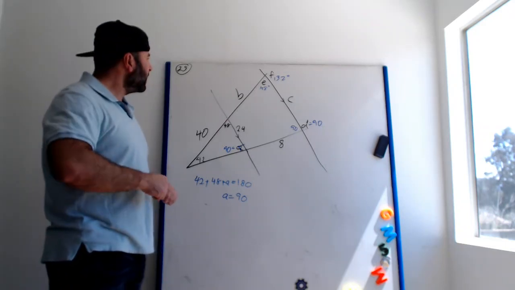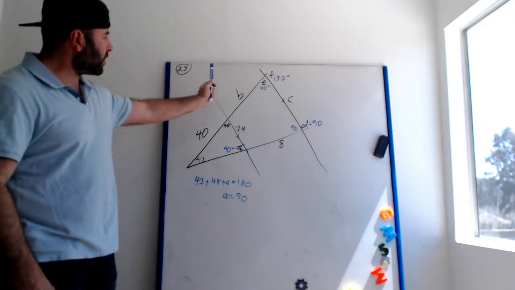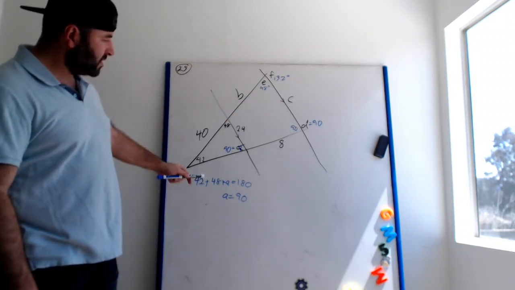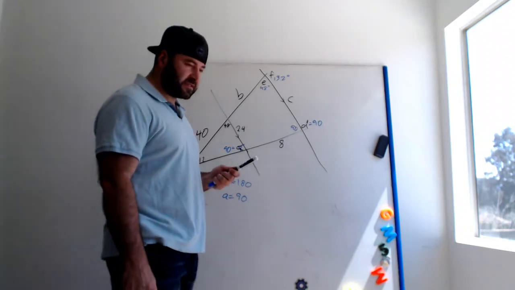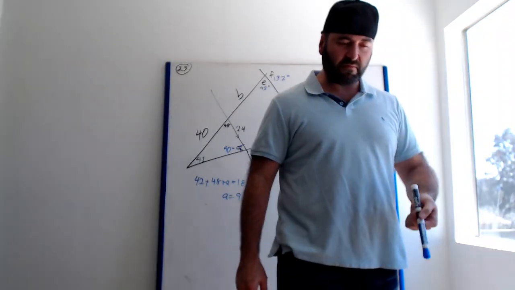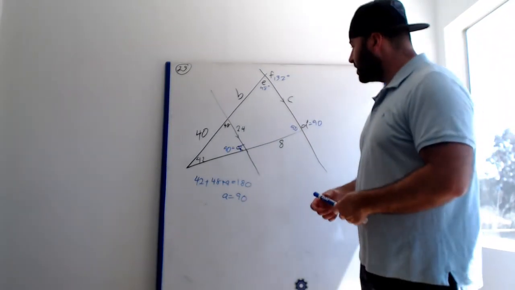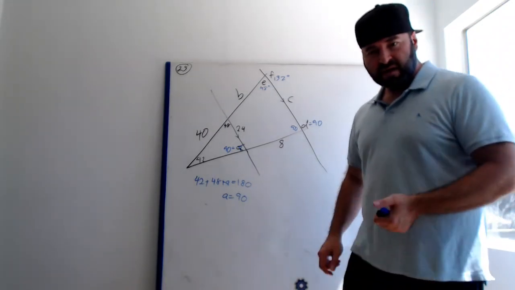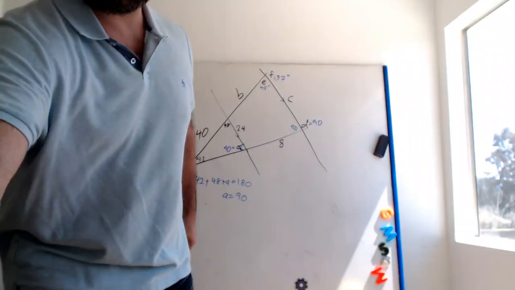Okay, and now we can work on finding the other values. So for this one, we actually have to find a value that we're not asked for. Okay, and that's to find the length of this side here. Let's go ahead and write that down in a different color.